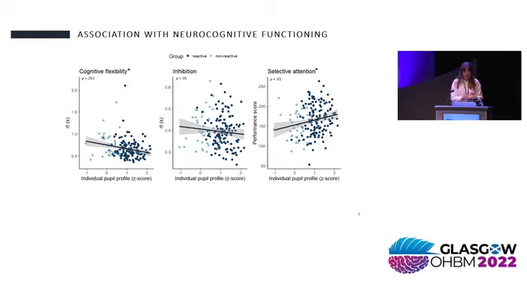Interestingly, we also looked into the linguistic domains, such as verbal memory, crystallized intelligence and word fluency, and there were no significant results, and depression and anxiety symptoms were not related to the IPP.